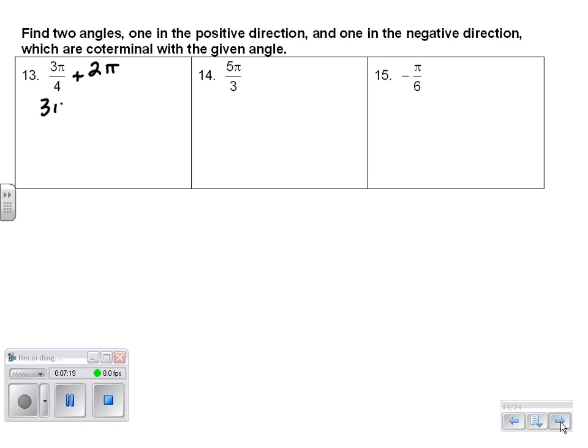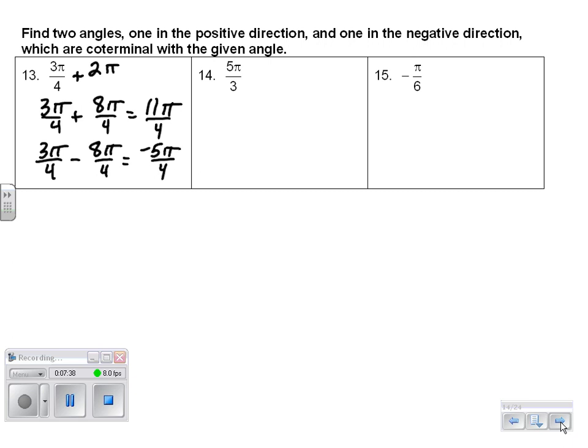So you have to get a common denominator, which would be fourths. 8 pi over 4 is the same thing as 2 pi. That gives us 11 pi over 4 as a coterminal angle. Then 3 pi over 4 minus 8 pi over 4 gives us negative 5 pi over 4 as an angle in the negative direction.